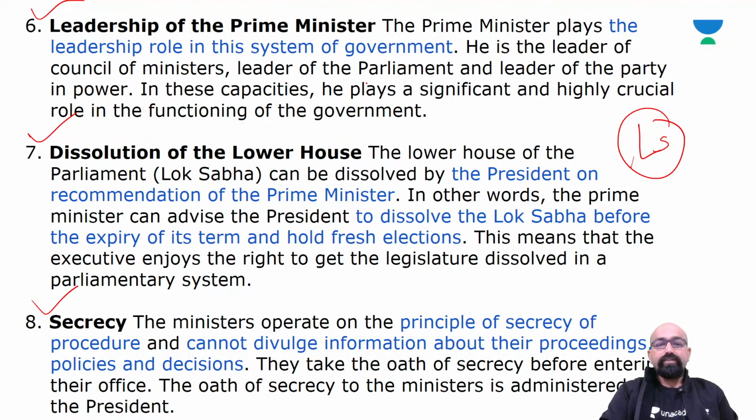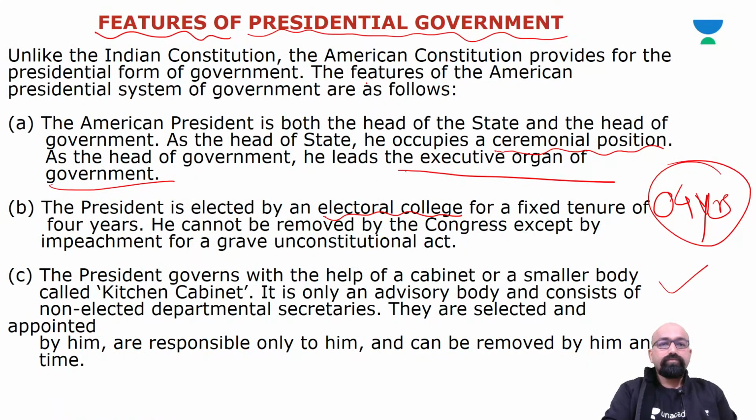Yes, secrecy, the principle of secrecy of procedure. So the ministers take the oath of secrecy before entering their office. Now after that we studied features of the presidential government.